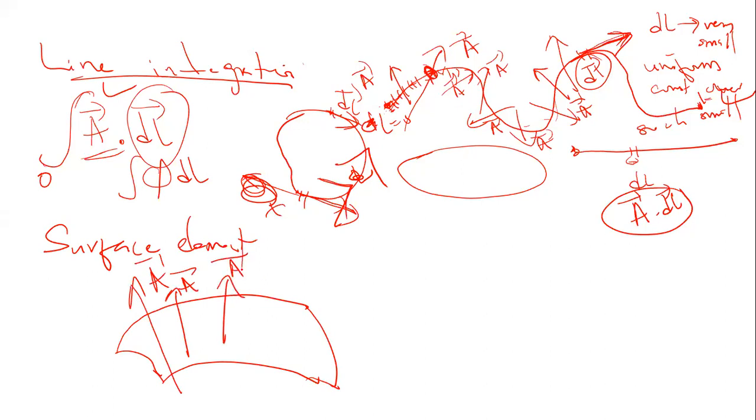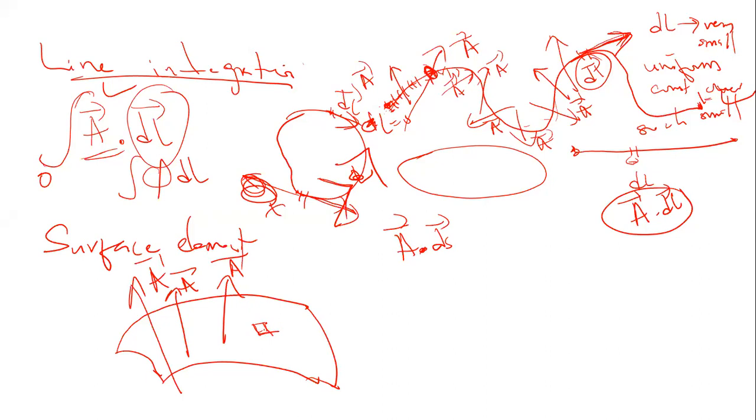In order to perform a summation of vector field A over a small area, this is called A dot dS. So dS is taken very small. The magnitude of dS is taken infinitesimally small.